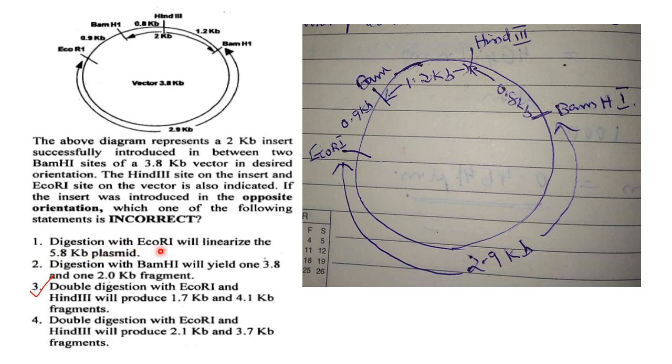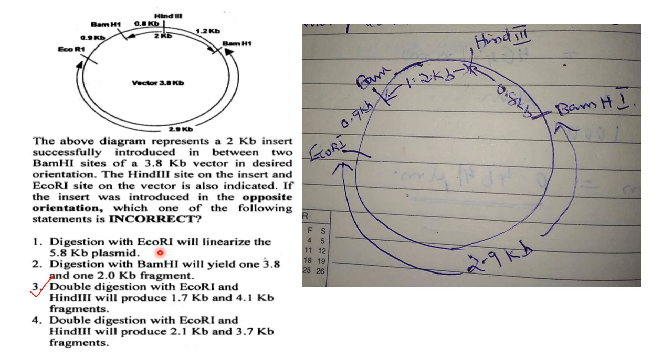Digestion with EcoRI will linearize the 5.8 kb plasmid. So 3.8 plus 2 kb gives 5.8 kb. Once you digest the plasmid with EcoRI, it will linearize and you will get a 5.8 kb fragment.